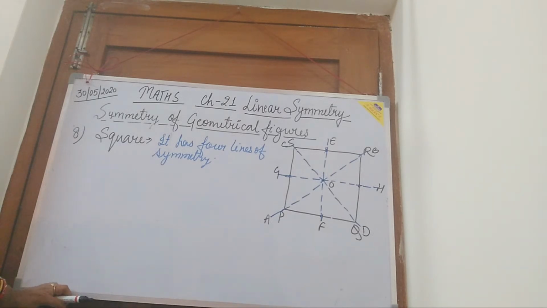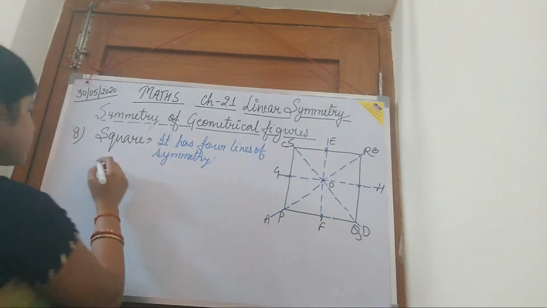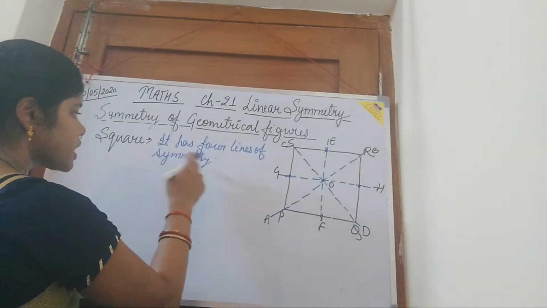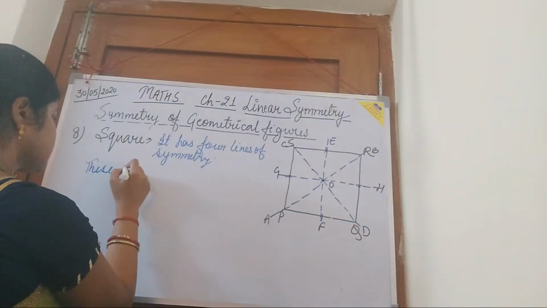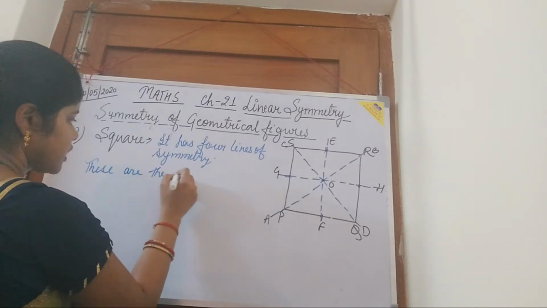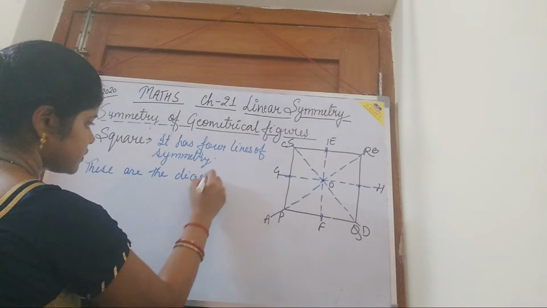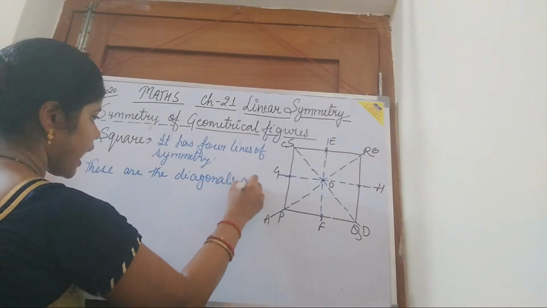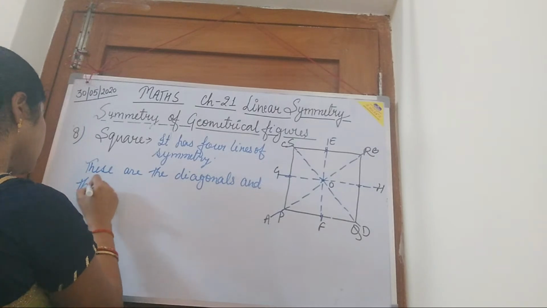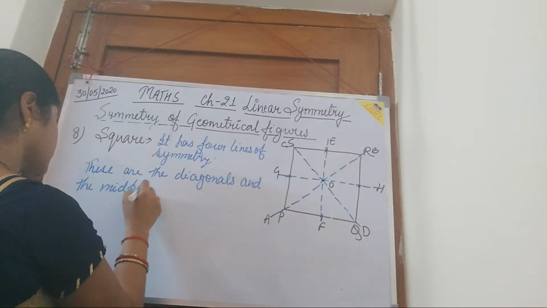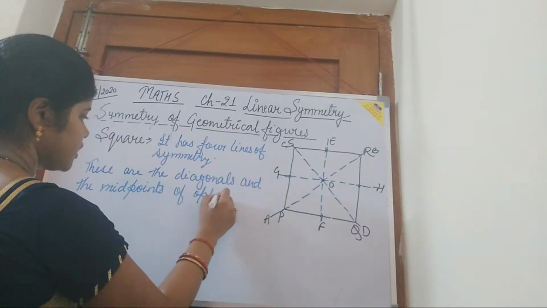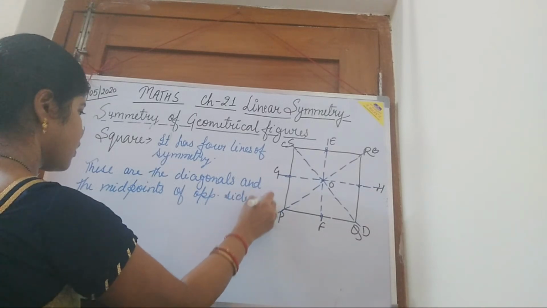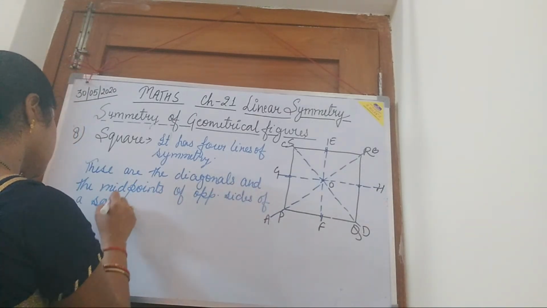The square has four lines of symmetry, and these are the diagonals and the midpoints of opposite sides of a square.